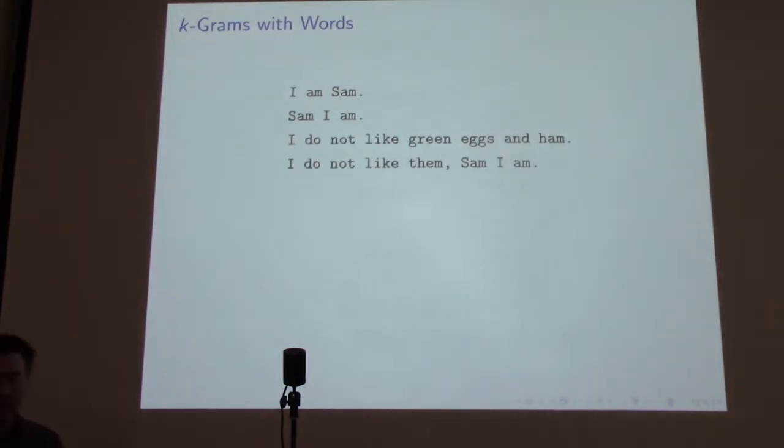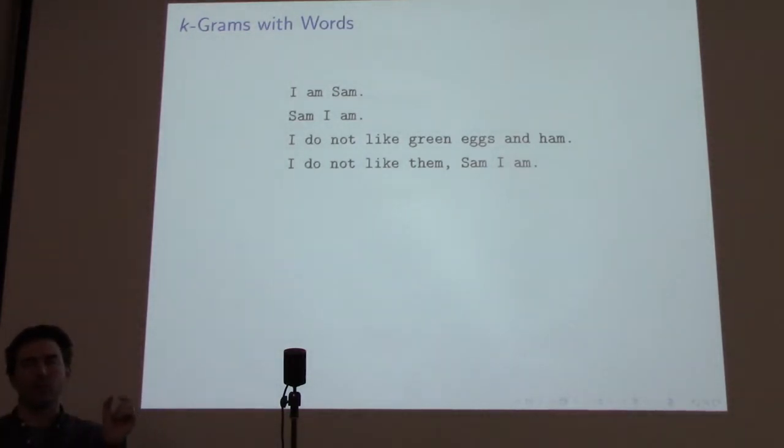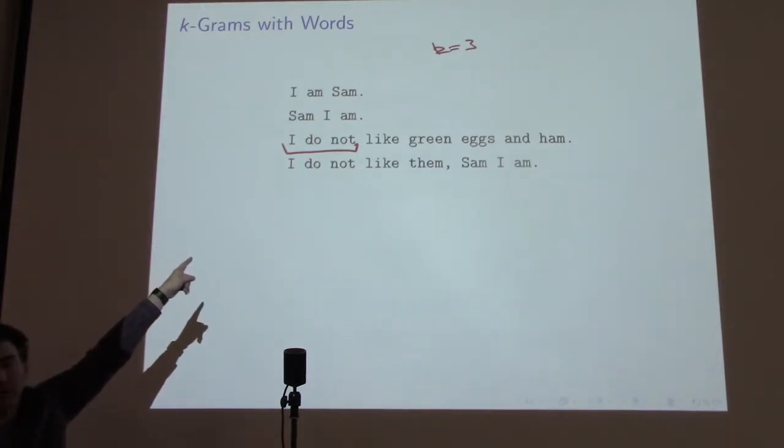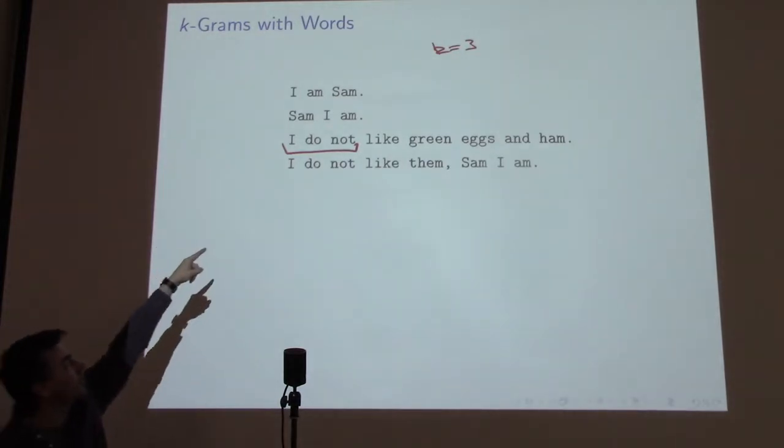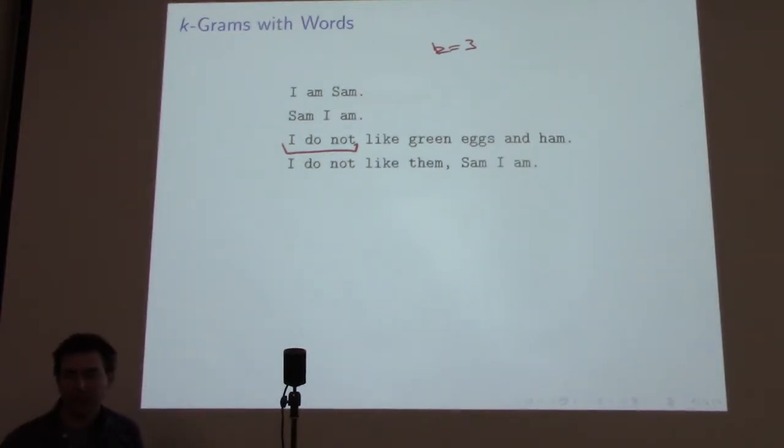What a K-gram is going to do is look at these consecutive words that are strung together. So if I look at K equals 3, then it means a group of 3 words together. So "I do not" would be one string of 3 words, and that string occurs both in the first and the second sentence.